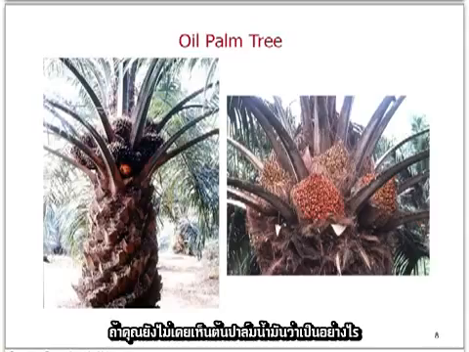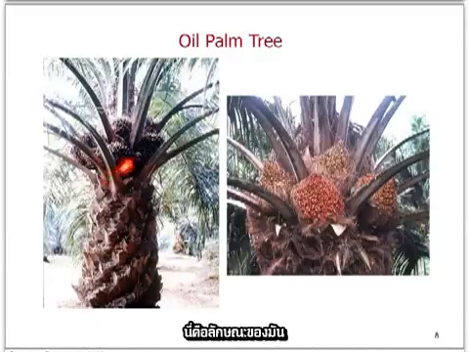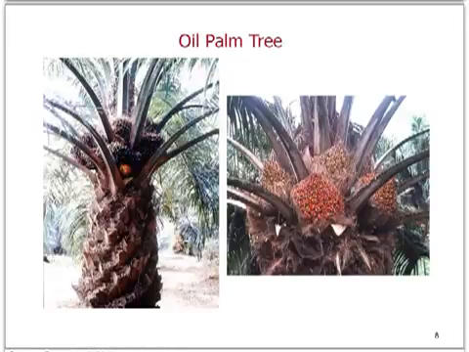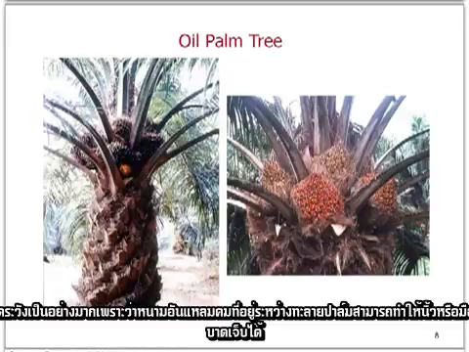If you have not seen how the oil palm tree looks like, this is how it looks. The tree is still not very tall, so you can see the fruit bunch between the fronds like this. You have to be very careful because there is a sharp thorn between the fruit bunch. If you're not careful, you can get your fingers or your hand injured.